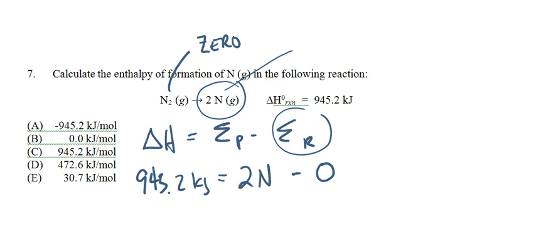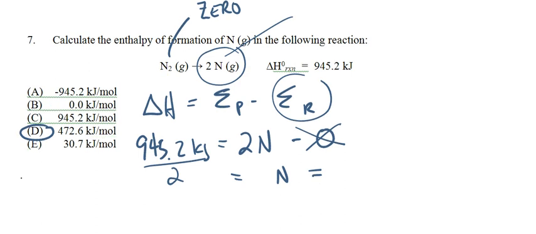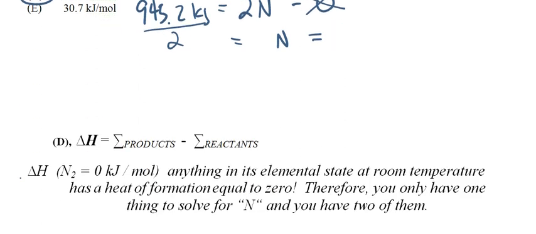So if we ignore that part and just divide this by 2, that will equal N. So whatever 945 divided by 2 is, I'm guessing D. And no, it would not be a negative sign because it's products over reactants. So letter D should be number 7.